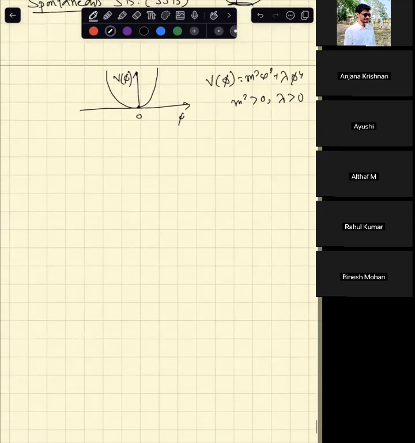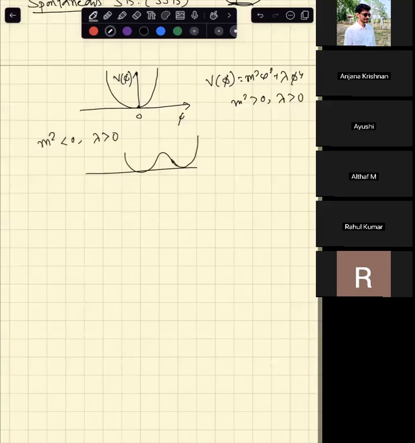But let's say I create a situation where m^2 is less than 0 and lambda greater than 0. Then my potential will look like this, okay? This is my V(phi), this is my phi. Now you see, why is it so?